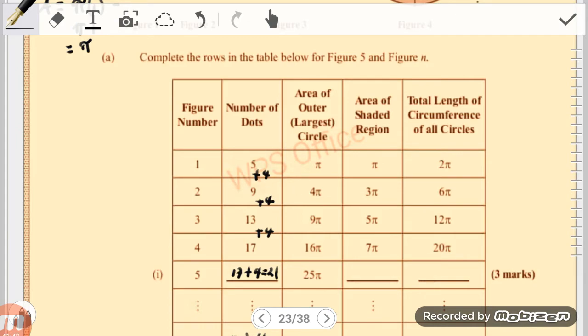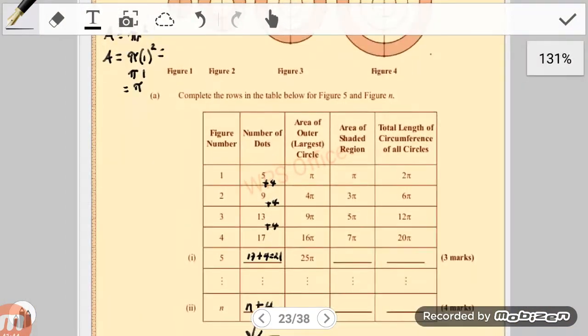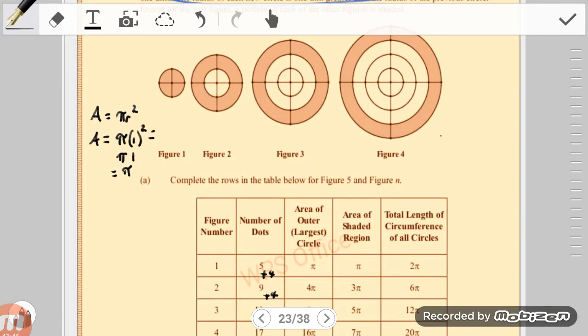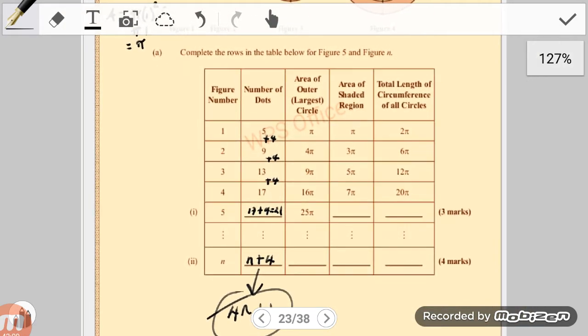Another thing that I've seen here, guys, is that because the radius is 1, with each additional circle we're just increasing the area by a square factor. 2 squared is 4, 3 squared is 9, 4 squared is 16, so 5 squared is 25.